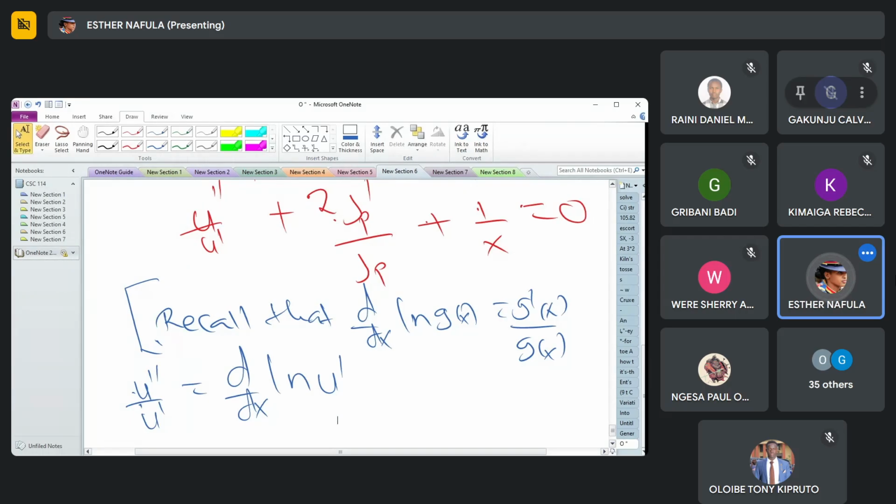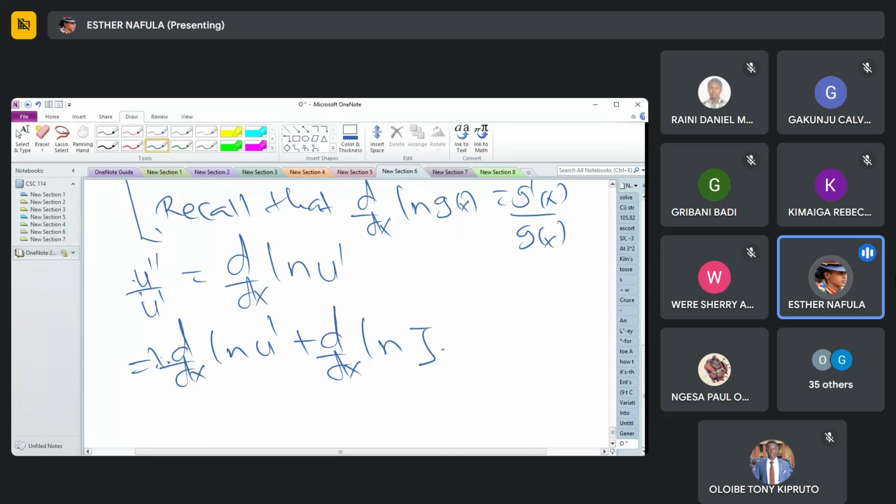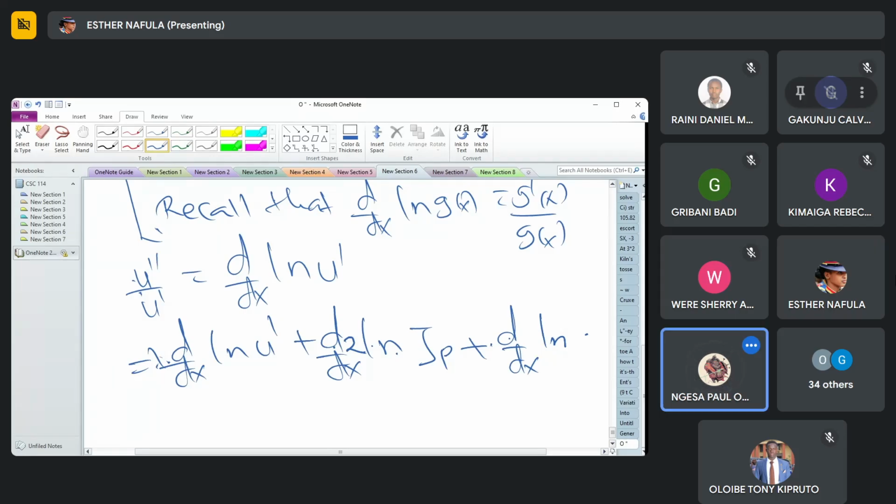So if you use a similar approach, tell me what to write in place of the second term. This will imply d dx of natural log of u prime plus 2 times d dx of natural log of jp plus d dx of natural log of x. This is equal to 0.